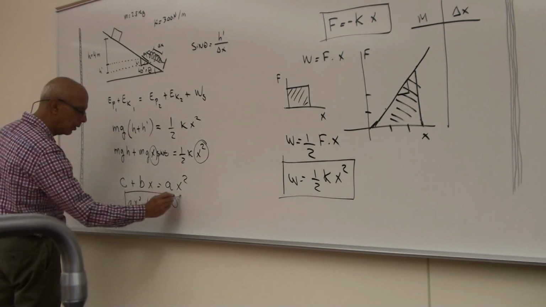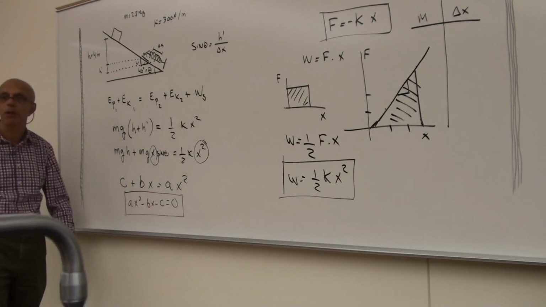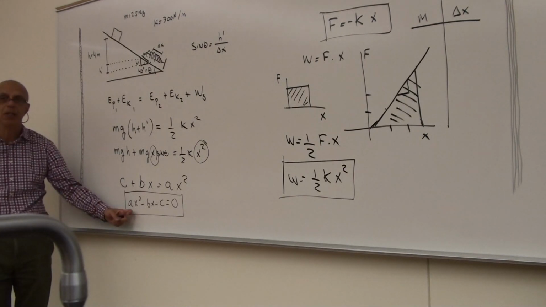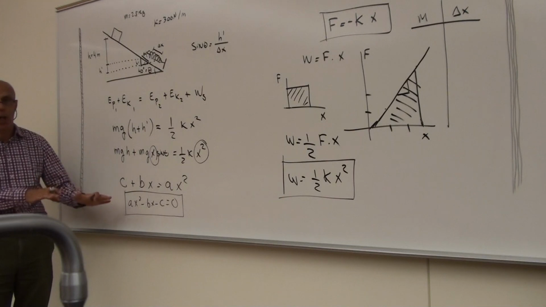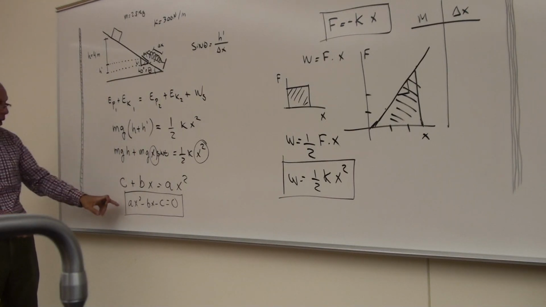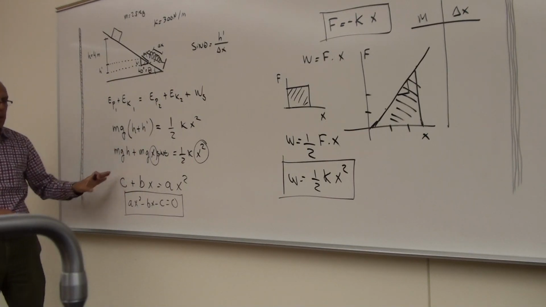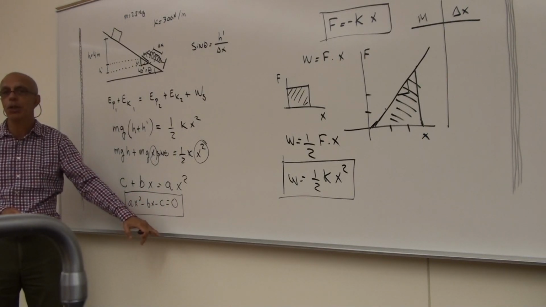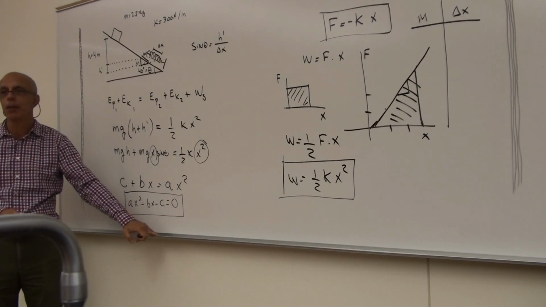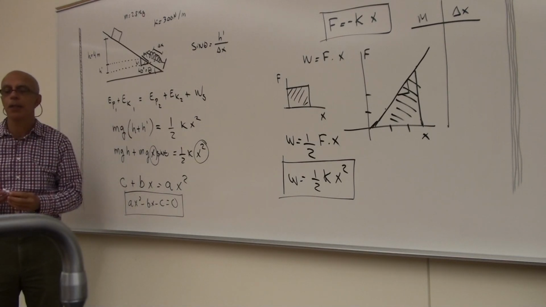What kind of equation is this? Quadratic equation. So you can find the value of x. Okay? So I'm not going to solve it. You guys need to plug in the numbers here. You calculate, and then next class you check the answer. Okay? You can check with each other.